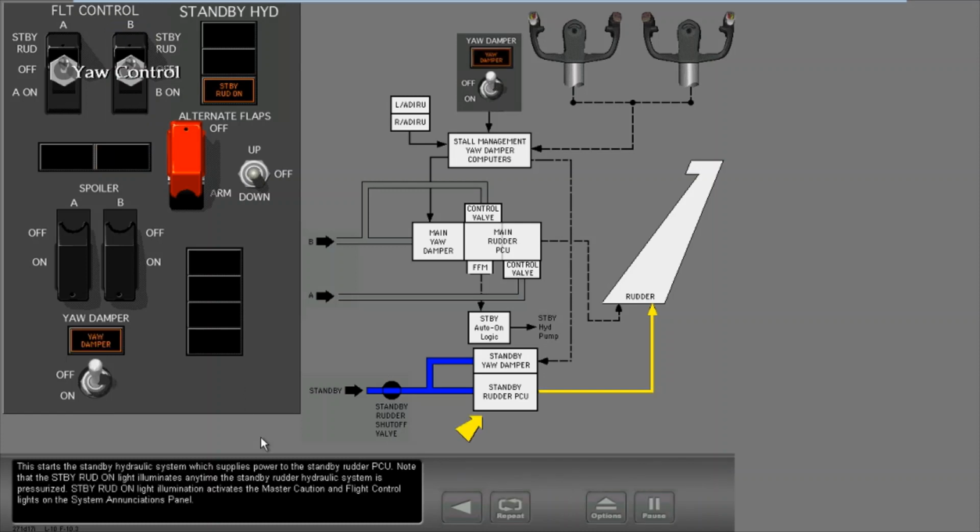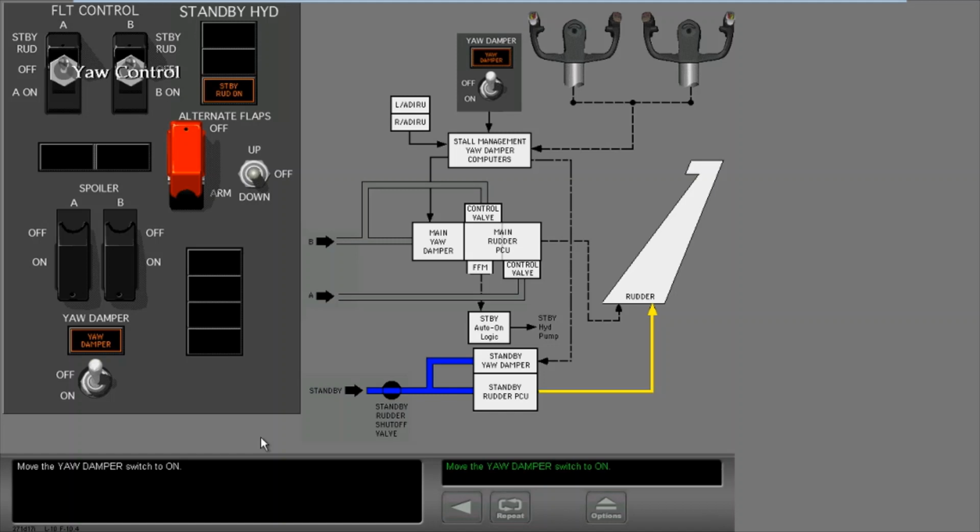This starts the standby hydraulic system, which supplies power to the standby rudder PCU. Note that the standby rudder on light illuminates anytime the standby rudder hydraulic system is pressurized.